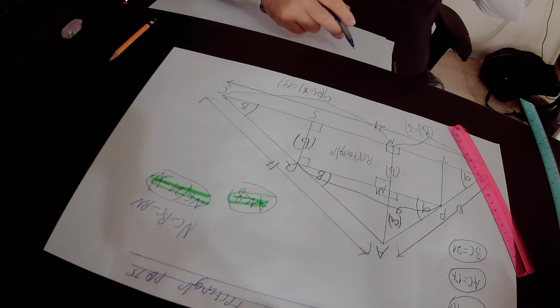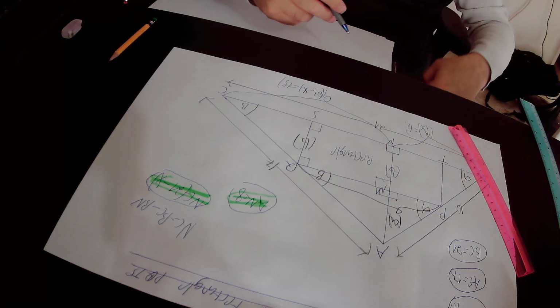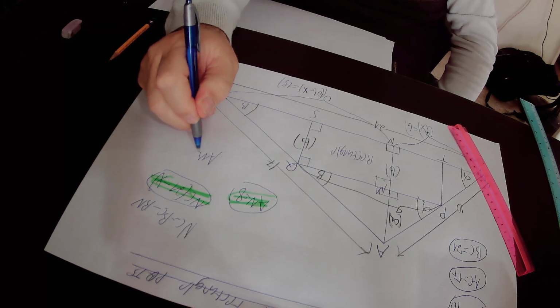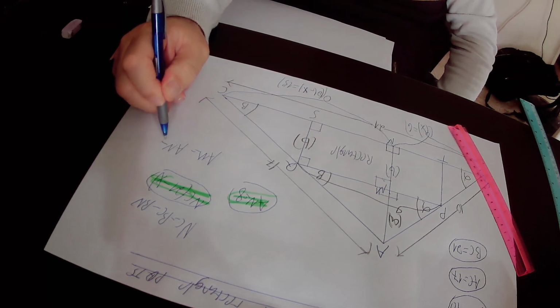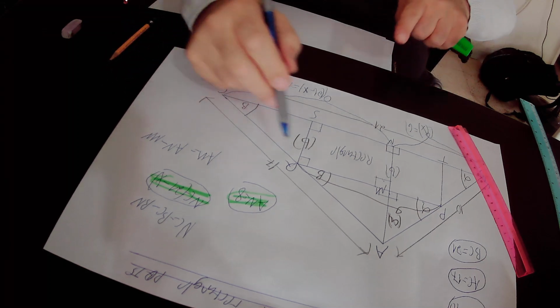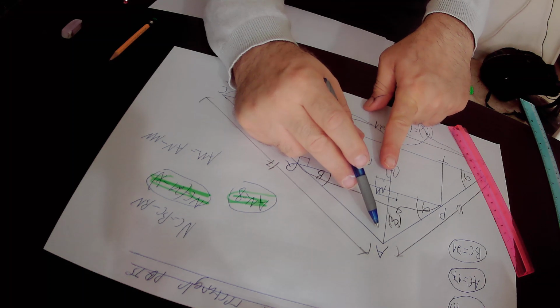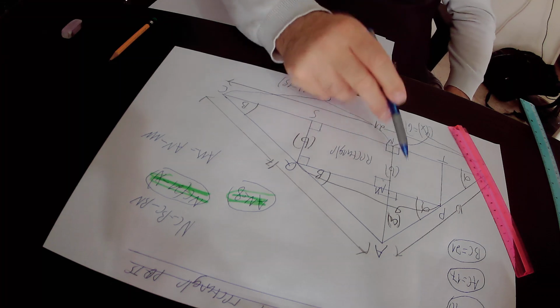So what is the length of this line segment AM? From the drawing it is very easy to see that AM equals AN minus MN.